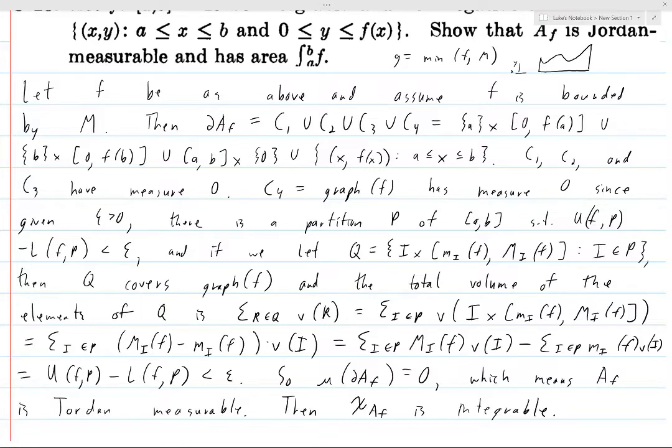Yeah, I think this requires A_f to be a subset of a rectangle, and thus it can't be unbounded. Now because f is bounded, A_f is bounded, and so the indicator function of the set is integrable.